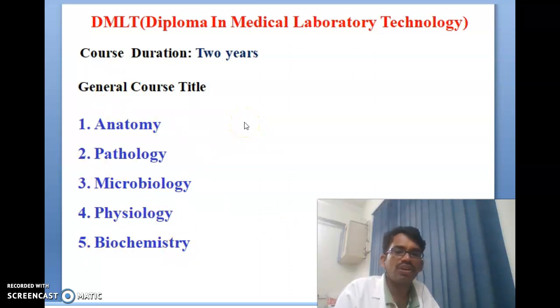In the next video I will explain each topic in detail: the main topics in anatomy, the important repeated questions asked in previous exams, the main topics in pathology and the repeated questions, and likewise microbiology, physiology, and biochemistry. We will discuss these in the next video on this channel.